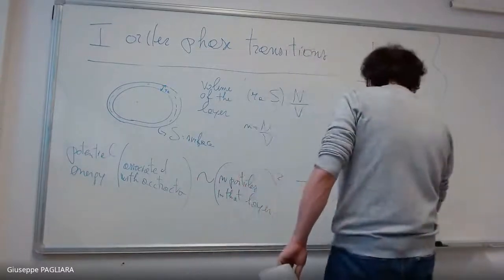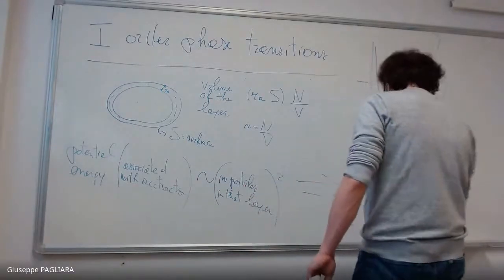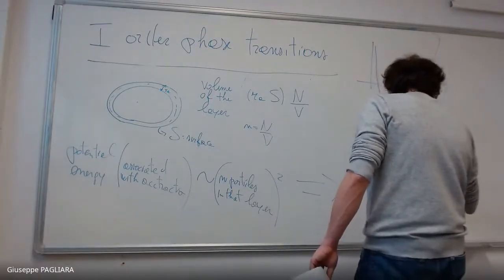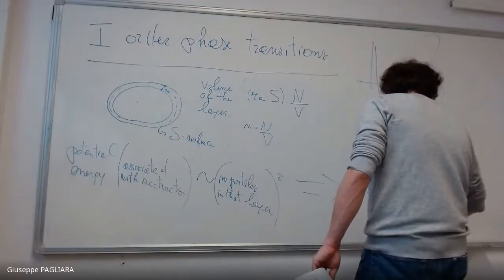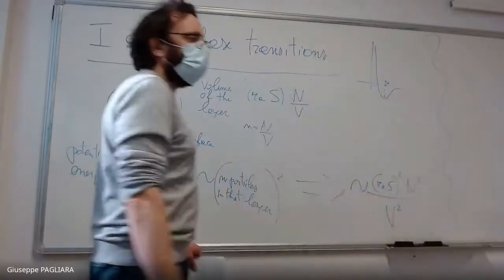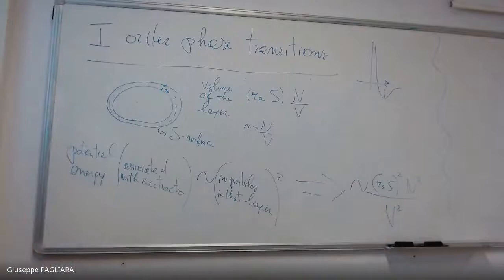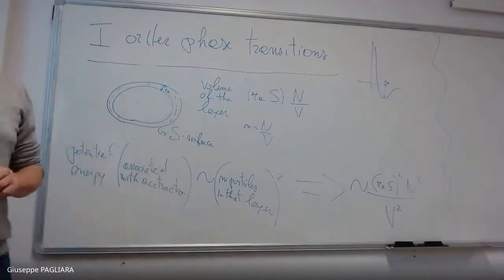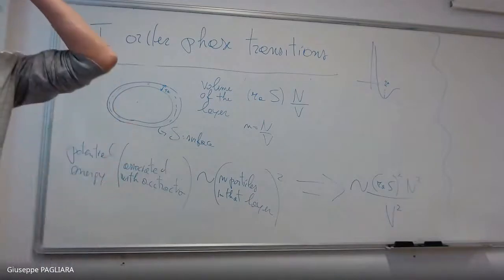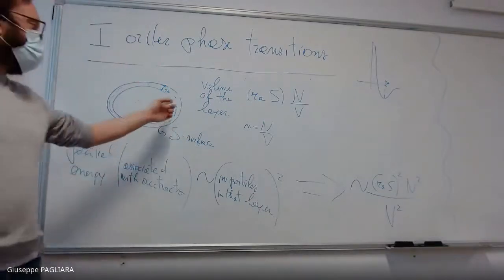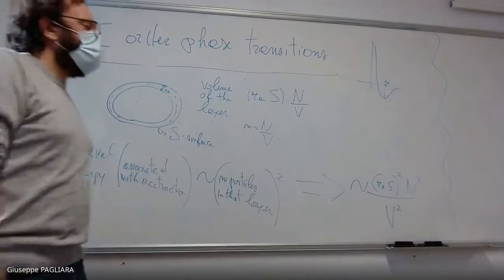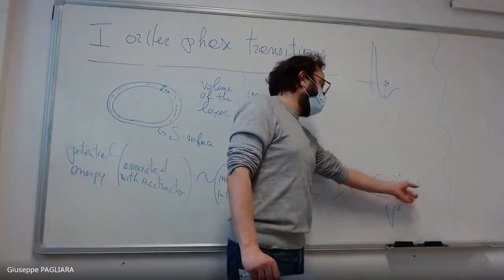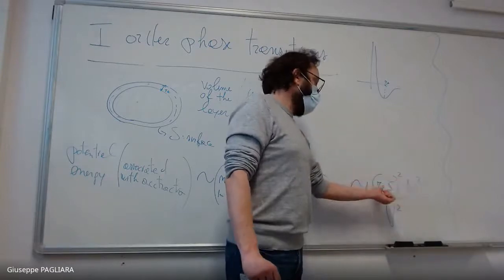So then it is proportional to S squared divided by V squared. What I'm basically doing is to count the number of pairs that we have in this layer. And this must scale as 1 over volume squared, and then we have N squared, suppose that is fixed, RA is fixed.